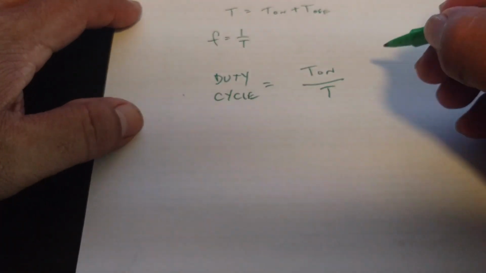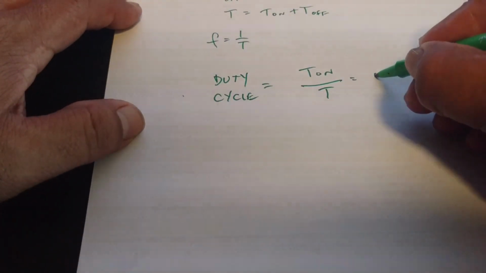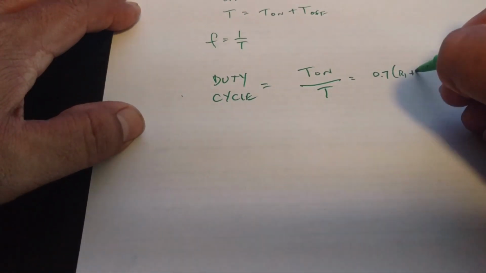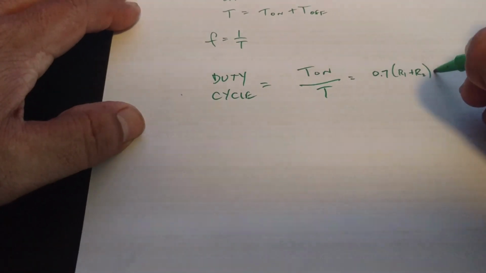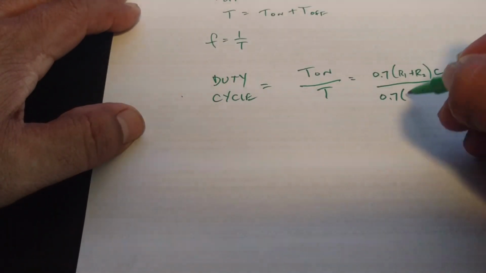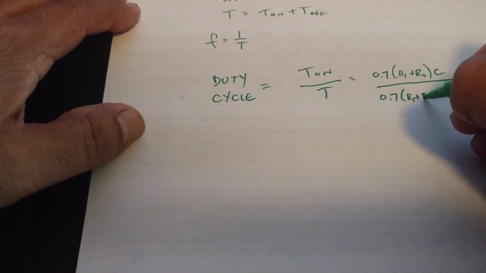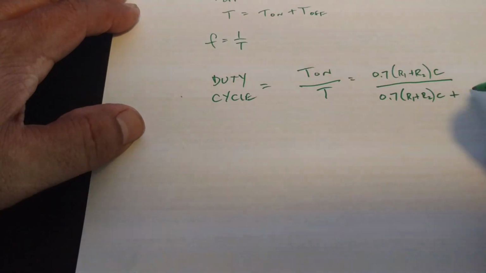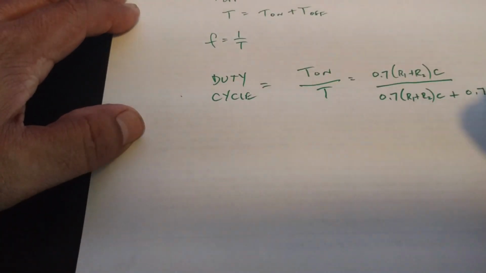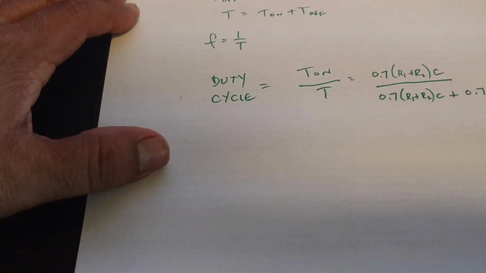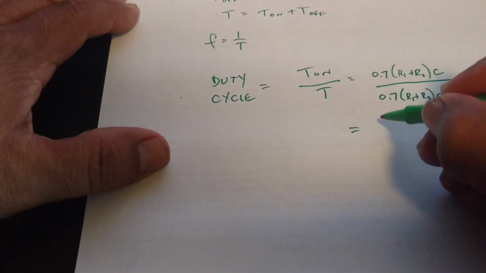So if we do some of the math substitution here, you would get 0.7 times (R1 plus R2) times the capacitor, over 0.7 times (R1 plus R2) times the capacitor, that's basically the time on, plus the time off, which is 0.7 times R2 times C. You can see that some things are going to cancel out.